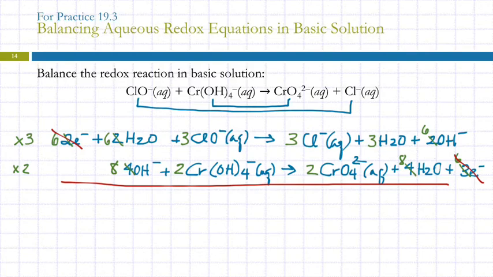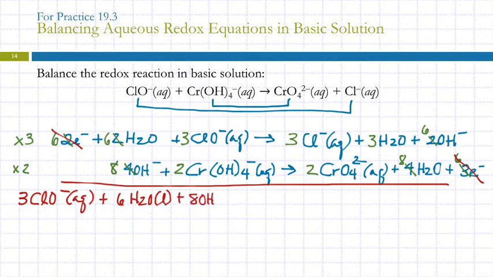So I've got 3 ClO minus, and I've got 6 H2O, and I've got 8 hydroxides, and I've got 2 CrO4 minus, aqueous. Did I miss anybody? And now it doesn't look like this is going to fit on the next line, so I'm going to drop it down.